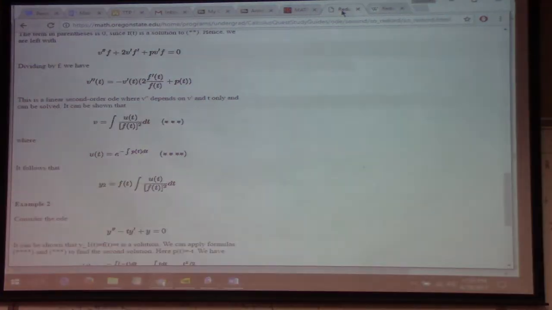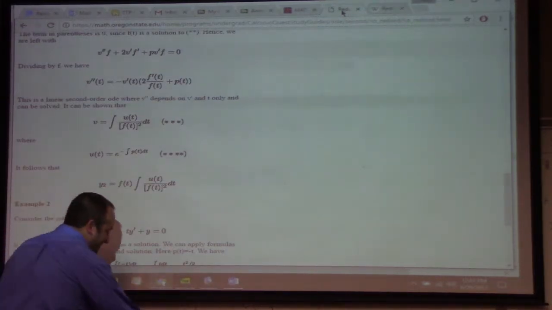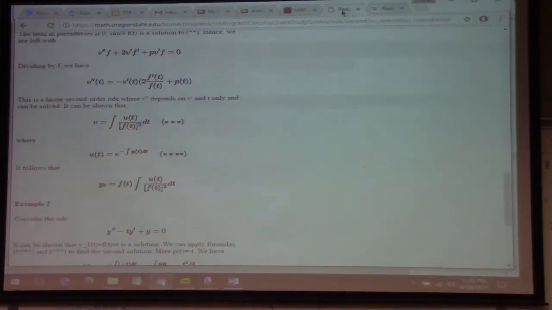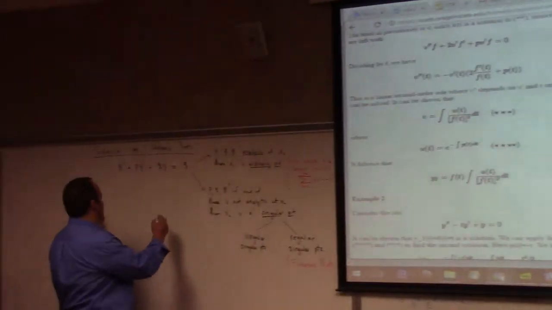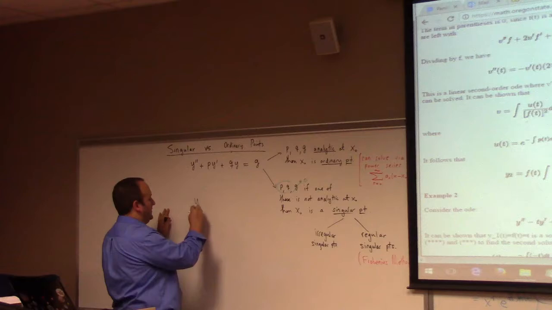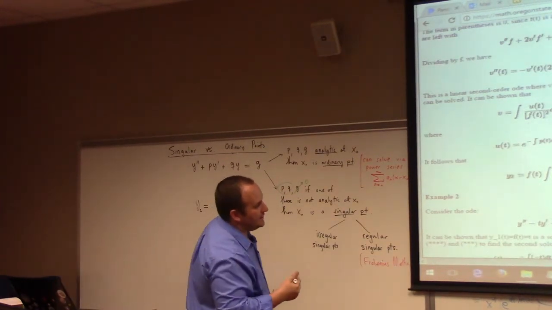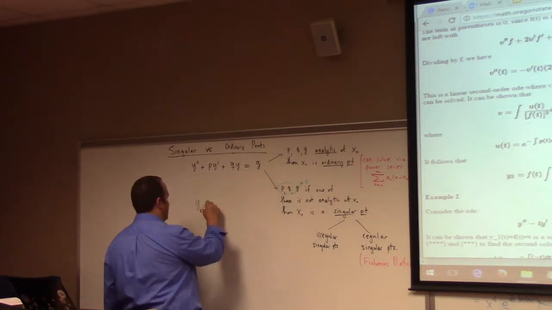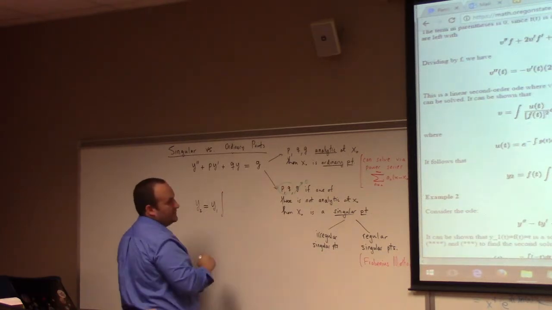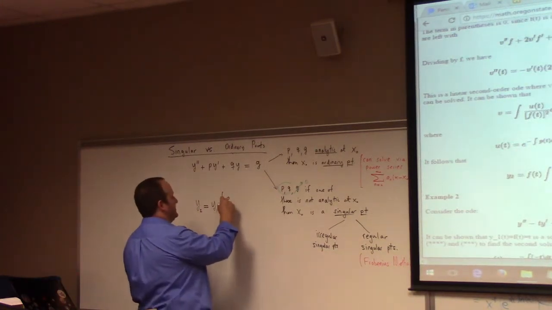since I've wasted this much of our time already, let me just complete the madness. Let's see here. So the formula is, in our notation, y2 is equal to y1, the integral of the exponential.